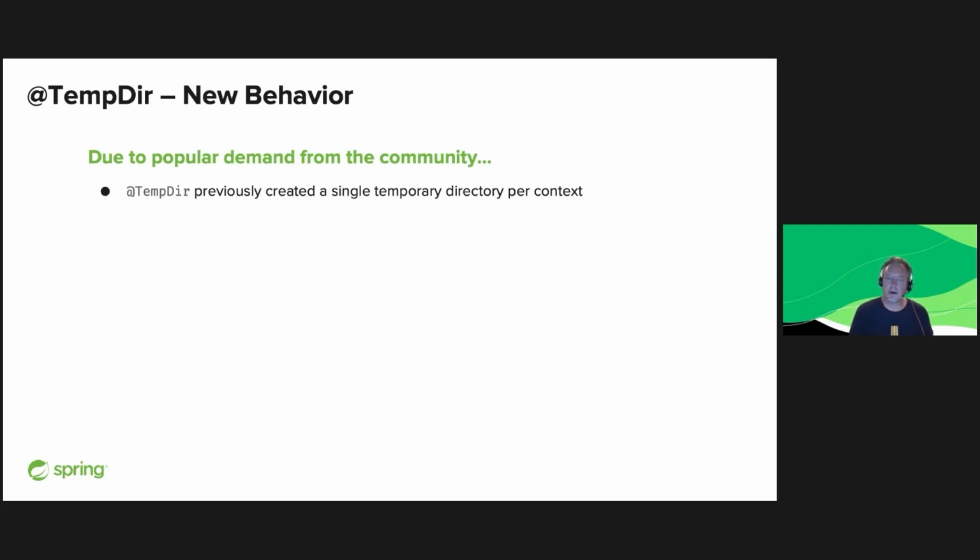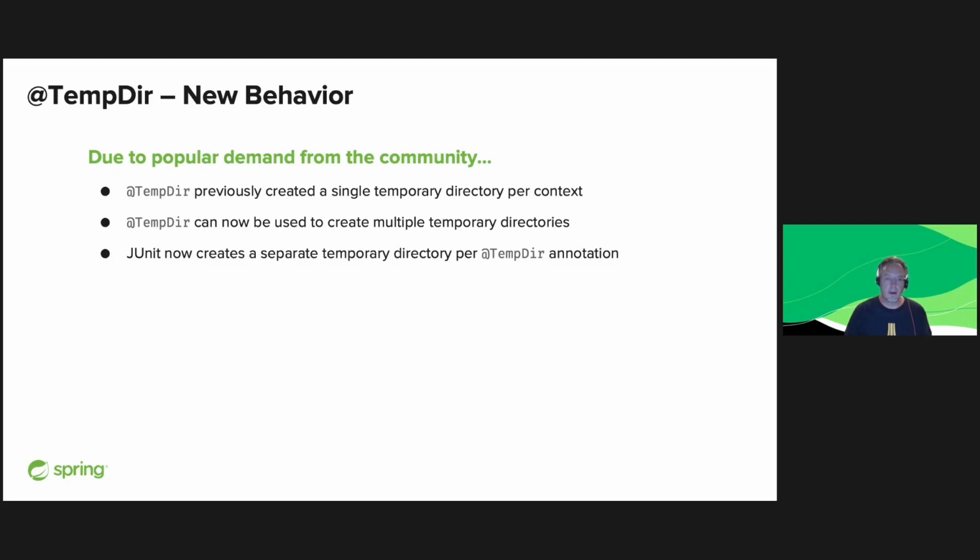And if you had multiple declarations, you got basically a reference to the same one, and people didn't like that very much. So now @TempDir can be used to create multiple temporary directories. And now JUnit creates a separate temporary directory each time you have the @TempDir annotation. So you could have more than one @TempDir per test method, for example.